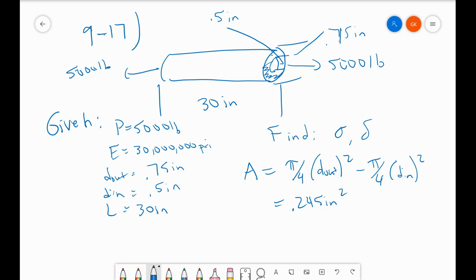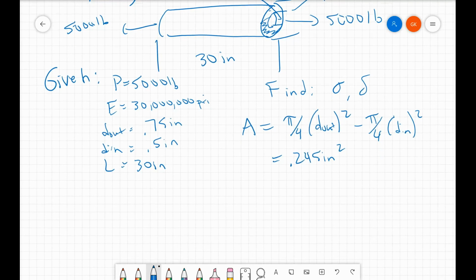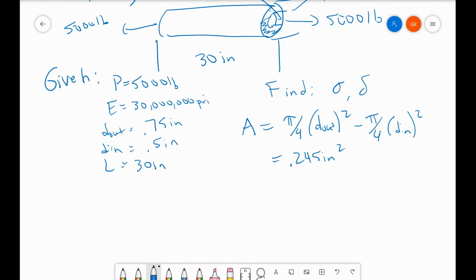Now, before I go on and start trying to calculate the total elongation, I'm going to go ahead and check to make sure that this is below the proportional limit, because that was given to us. So the proportional limit, I'm going to say stress pro, is equal to 34,000 psi. We can only use that PL equation in this case if it is below this. If it's above it, we can't use it. So let's check.